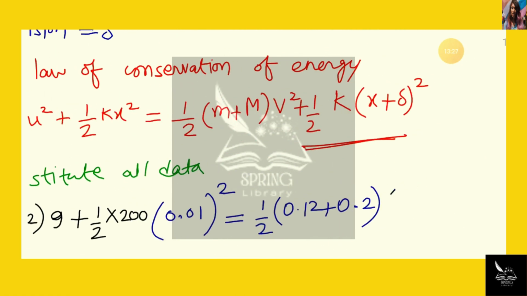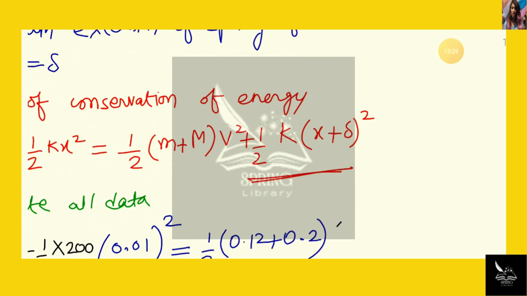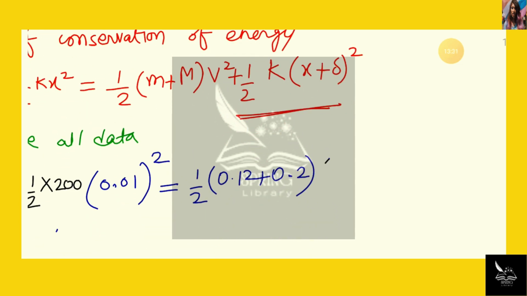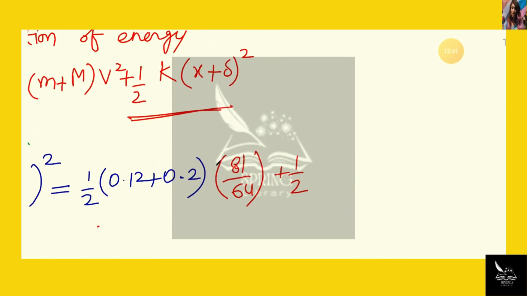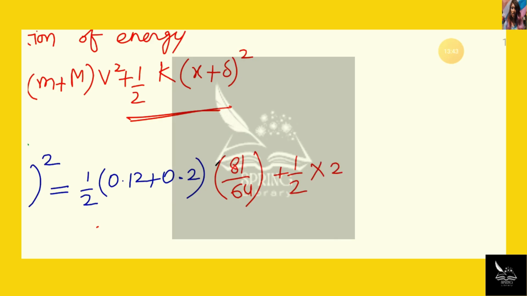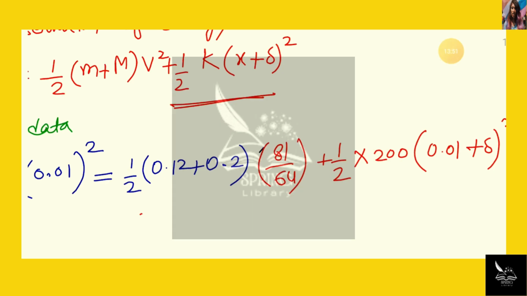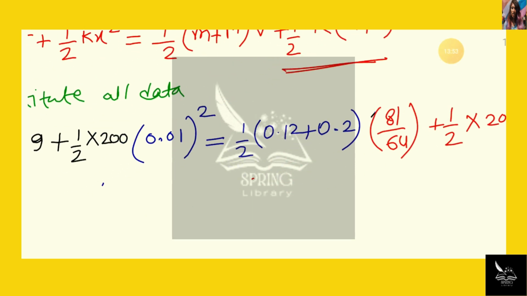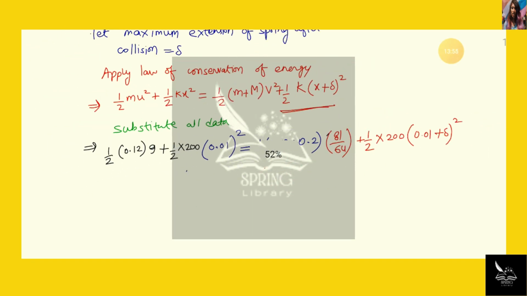So I can say that v square will be 9 over 8 whole square, that will give 81 over 64, plus half k, that is 200, multiplied by (x, that is 0.01 meter, plus del) whole square. Now simplify it, then I will get the value of del.